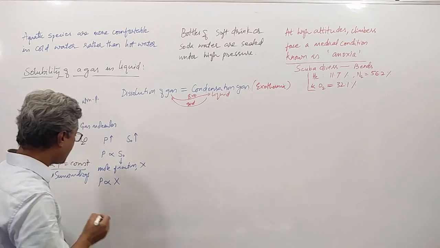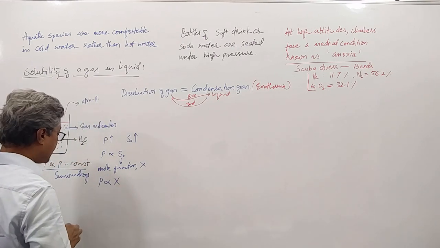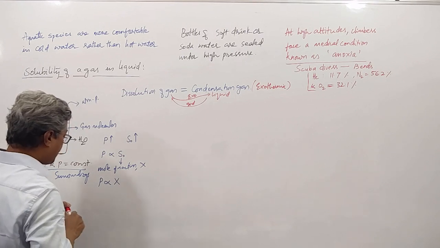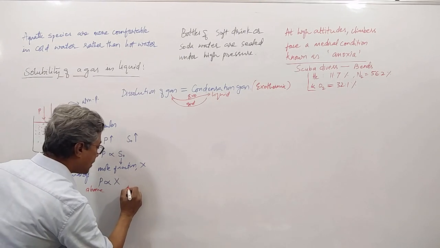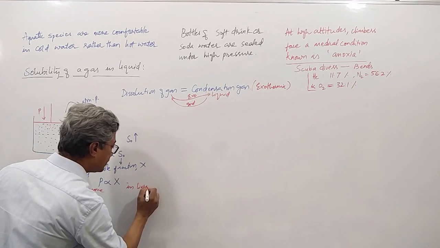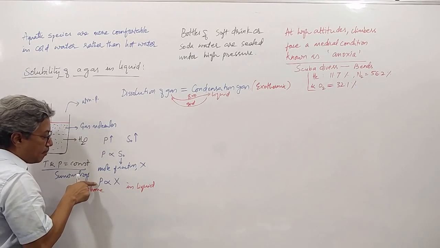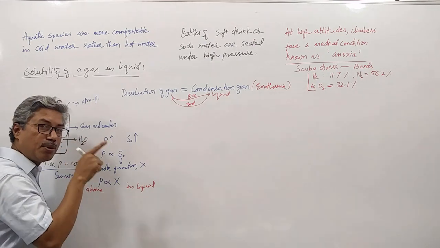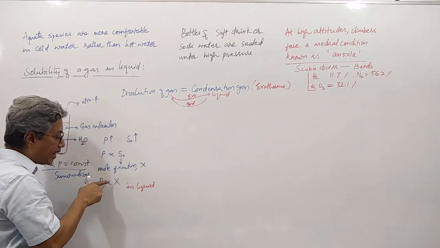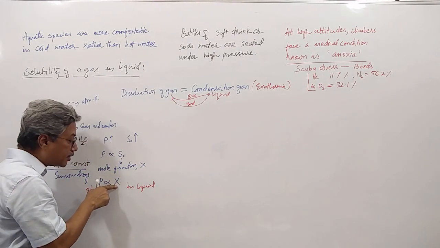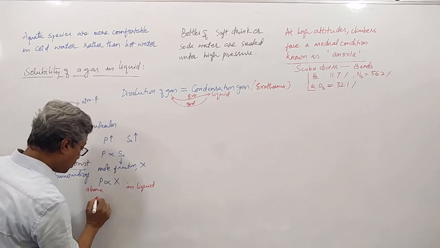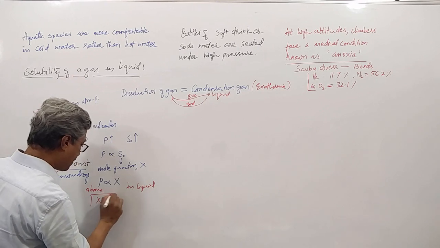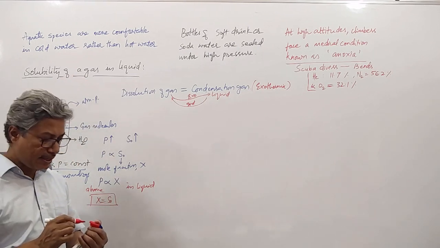Is it clear, students? The pressure is above, mole fraction is in liquid. That means pressure of the gas above the liquid is directly proportional to mole fraction of the gas in the liquid. That means mole fraction is solubility. Remember this. Is that clear?